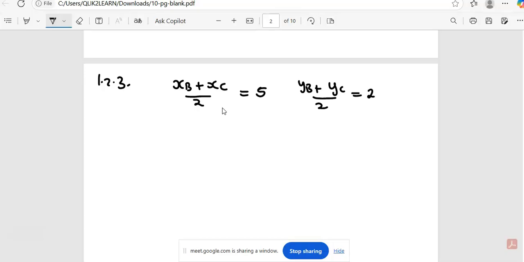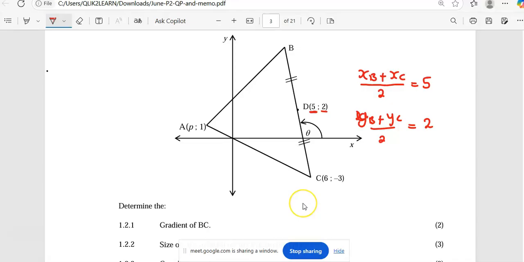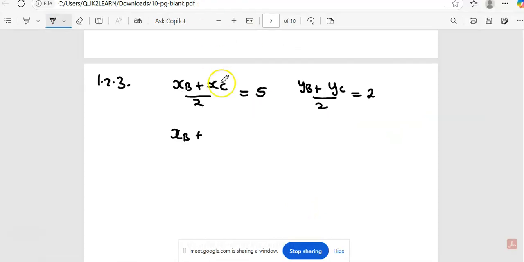So now remember, we have the x of C. It is given, which is 6. Where there's x of C, we're going to substitute 6. Everything divided by 2 is equal to 5. Then we can cross multiply because we are trying to isolate B. We can write this equation as x of B plus 6 is equal to 2 times 5, which is 10.